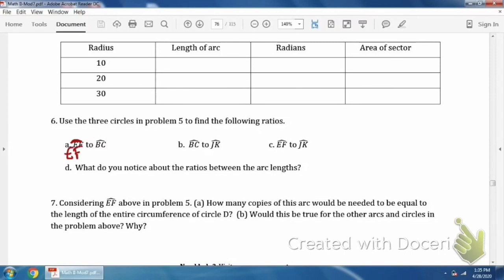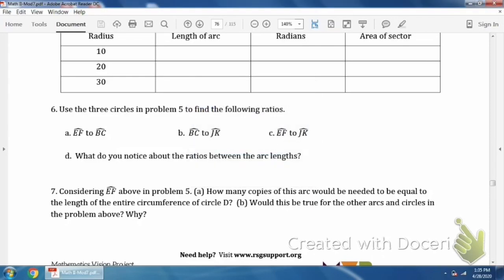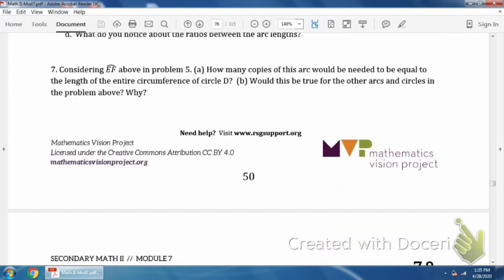Since there's no m in front, it's not saying the measure. This is the length. So for all these you're using arc lengths, which you should have right there. After you do number 5, numbers 6 and 7 are really just using the table you already made to answer those. So do 4 and 5, then use the table from number 5 to do 6 and 7.